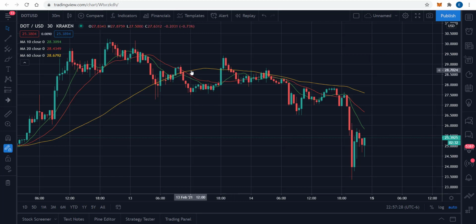So we see back here yesterday morning, even on the 30-minute chart, there is enough down movement that the 60 period has been above both the 20 period and the 10 period the entire time. And if you had gotten in somewhere around here and stayed in, you would have caught this big drop.